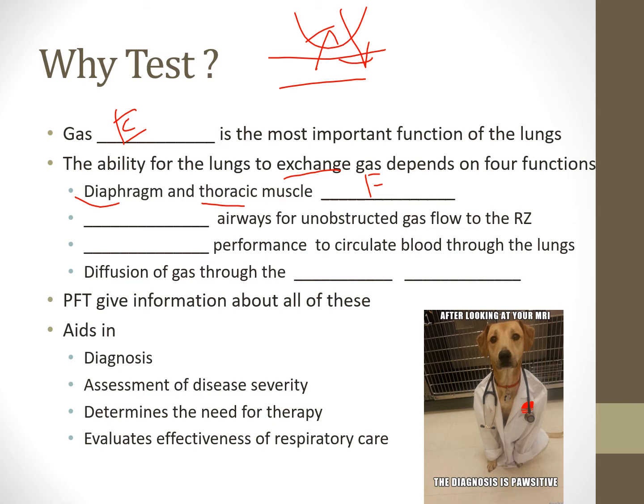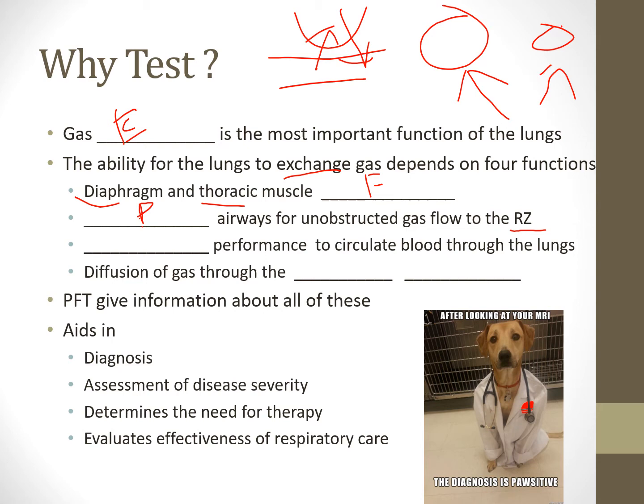The second point down there, patent airways for unobstructed gas flow to the respiratory zone. So I'll put the letter P for patent or open. Right, you could put open airways for unobstructed gas flow. We want to see how open that lumen is. Remember when we were talking about Poiseuille's law and we had a big lumen and a tiny lumen, right? And we can get a lot more gas to flow through that big lumen a lot easier and faster than we can through this small lumen.